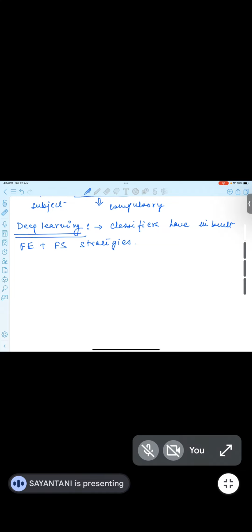So separately, you do not have to go for feature extraction and feature selection and then perform classification if you're dealing with real time experiments. Hence, they are faster during real-time experiments.